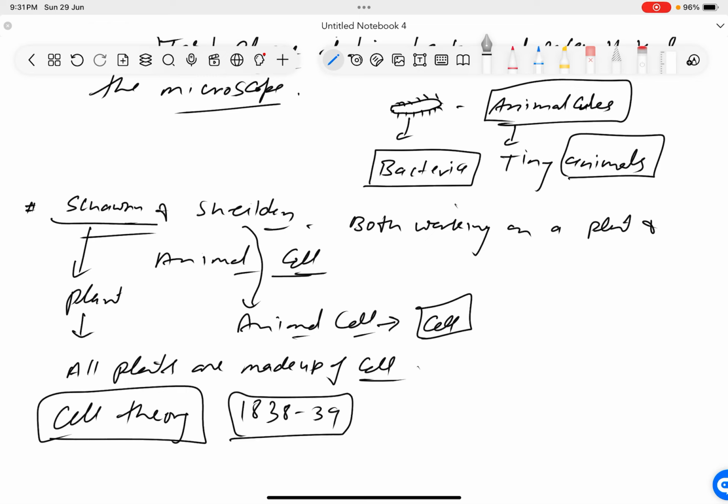In 1838, Schleiden proposed his theory of plants made up of cells, and in 1839, Schwann proposed this theory for animals.